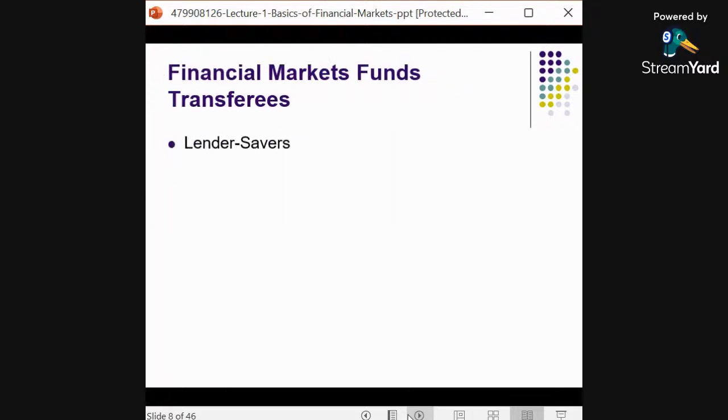So financial markets, funds transfer. So we have the lenders and savers: households, the business firms, the government, and also the foreigners, di ba? So this lender-saver scheme is what we have currently in the banks. May yung bank, sila yung nagpapautang, and at the same time, sila din yung nagtatago ng pera ng mga tao. Now, regarding sa households, di ba, people exchange money or goods all the time.